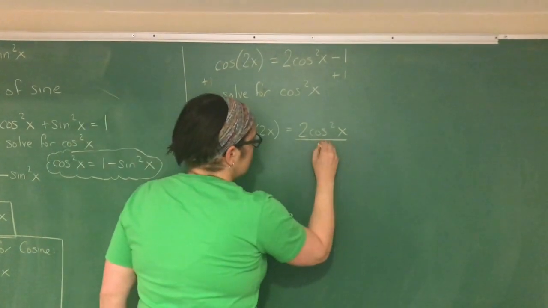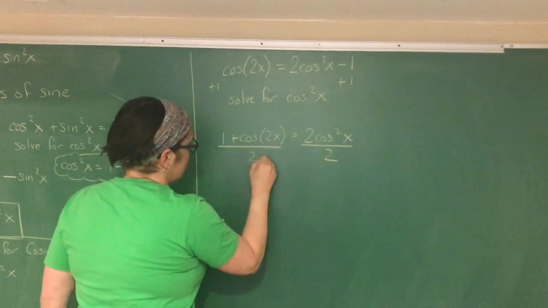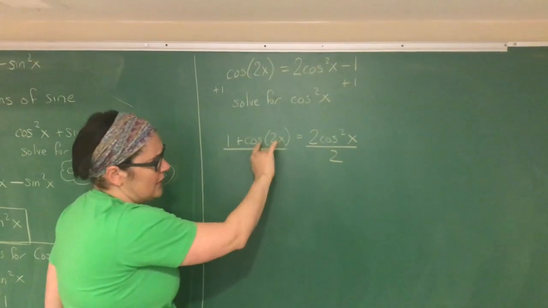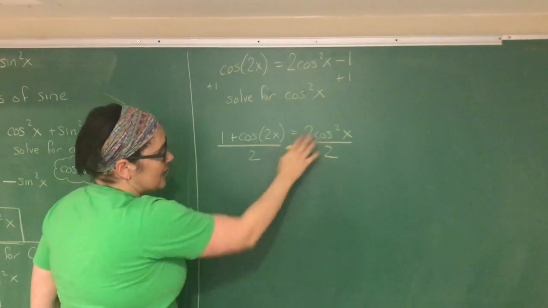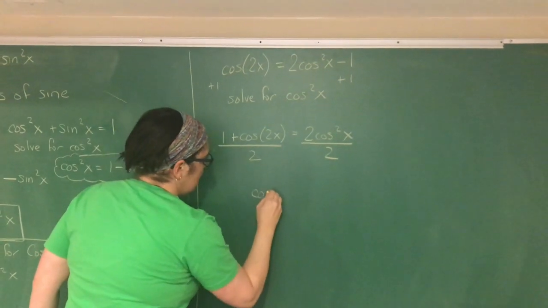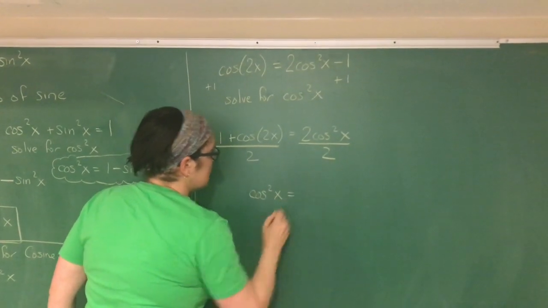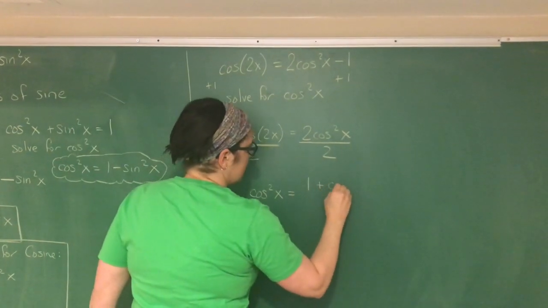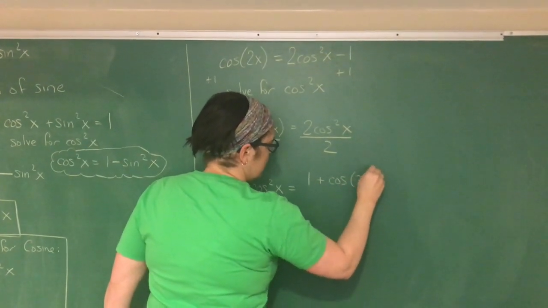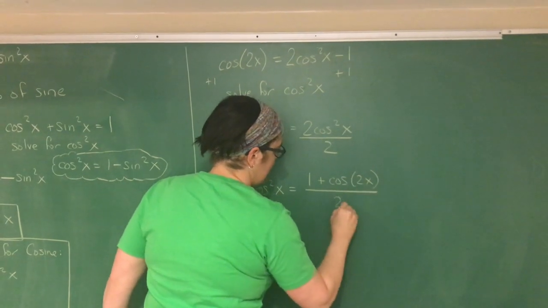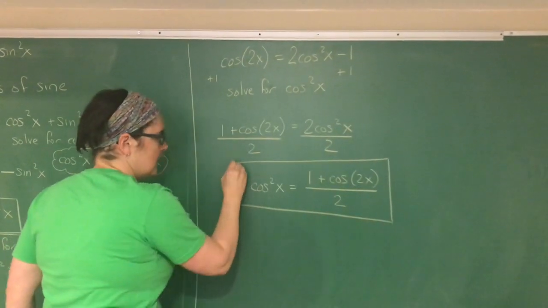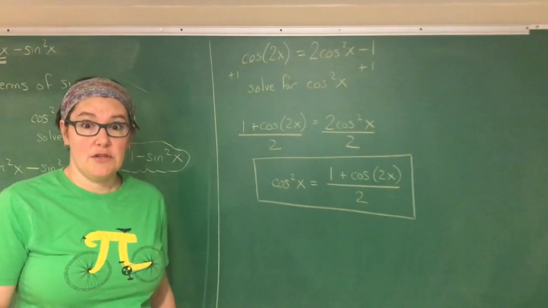Then I want to divide both sides by 2, and I'm going to flip the left and right sides. What that leaves me with is cosine squared x is equal to 1 plus cosine of 2x all divided by 2.